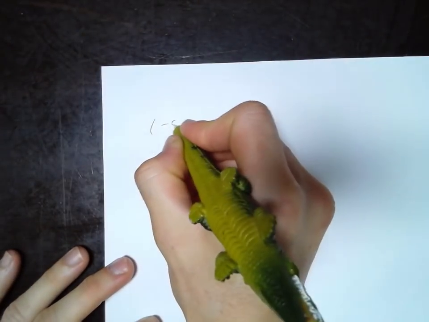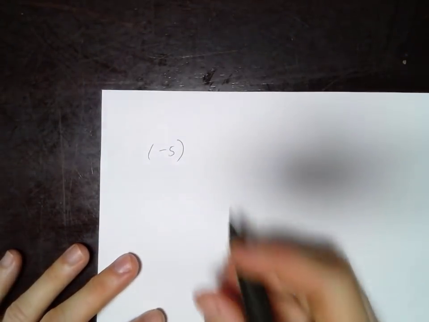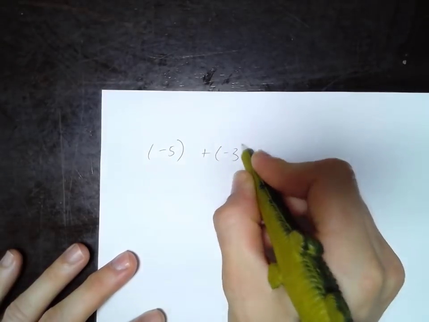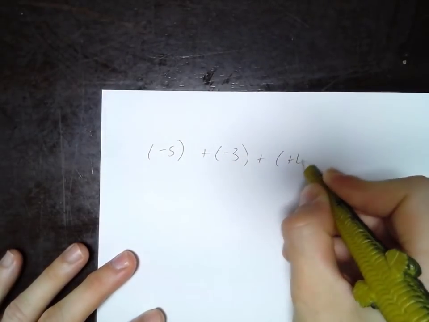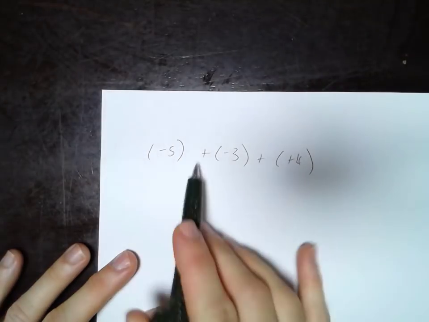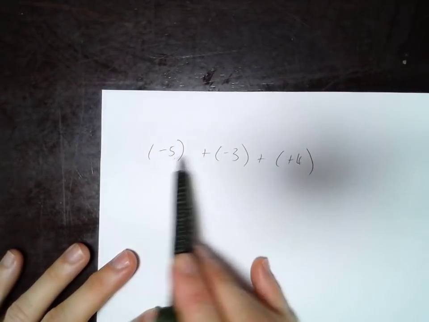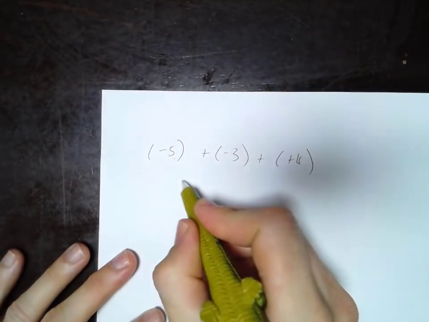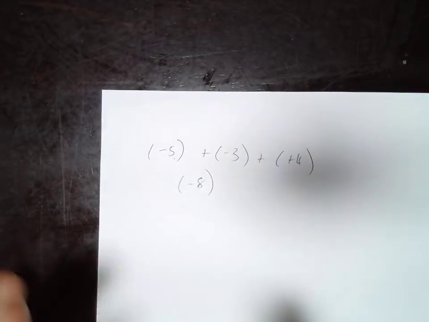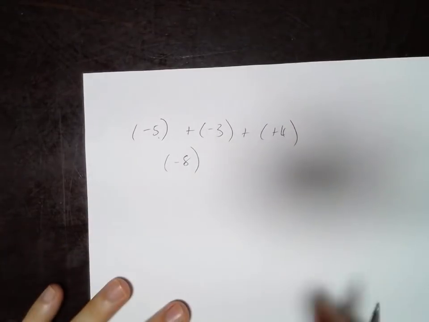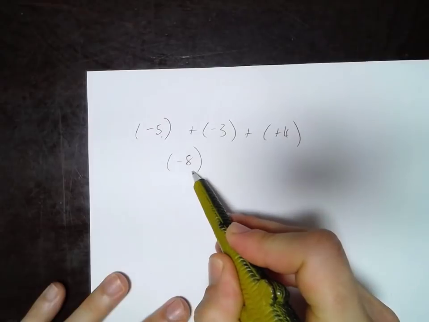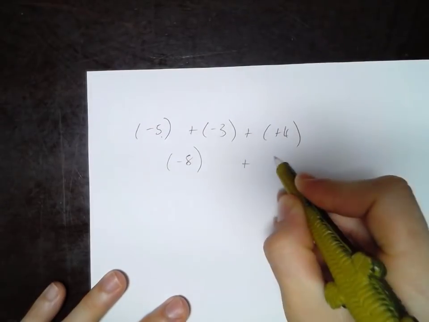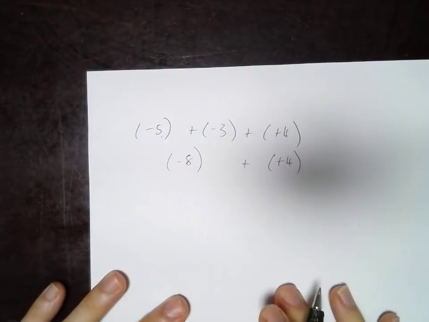My first mistake in adding integers was -5 plus -3 plus +4. So I did the first bit correctly where I said start at -5 and go 3 places to the left, and negatives obviously moving further to the left along that number line, and we end up on -8. My mistake was then adding +4.